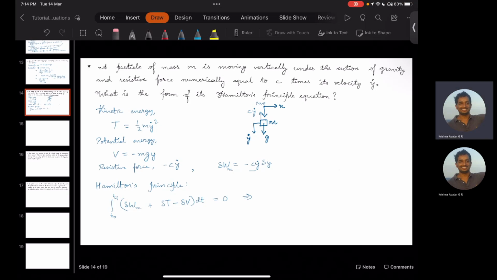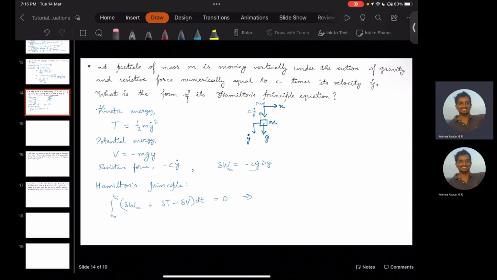That is by IUPAC. But in mechanics, in mechanical engineering, work done is taken to be positive when work is done by the system on the external.